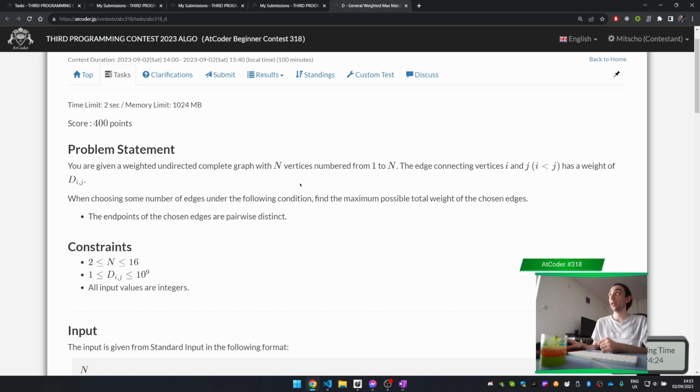Each edge will constrain some other edge. If you choose this edge, what other edges could you choose?